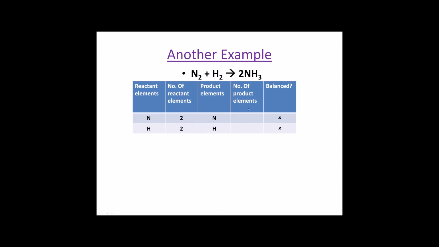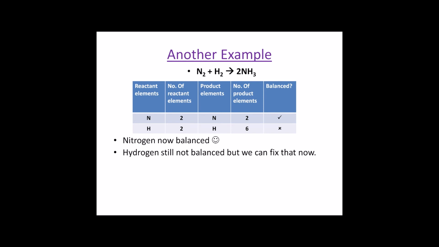So now this has changed only the number of product elements that we have. So we've now got 2 nitrogens, 2 times 1, there's an imaginary 1 there, which is 2. So it's now balanced. And we've got 2 times 3 hydrogens, which is 6 hydrogens. So the hydrogen's still not balanced, but we've balanced the nitrogens. So what can we do next?